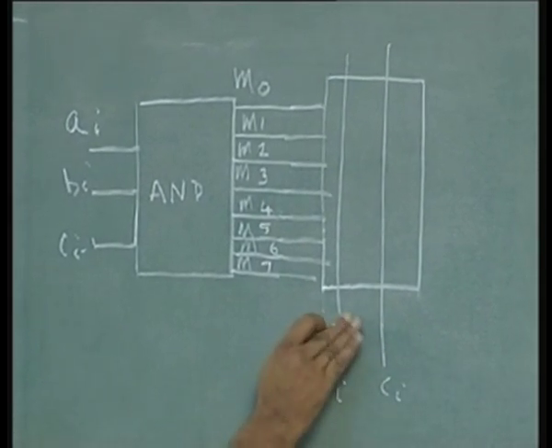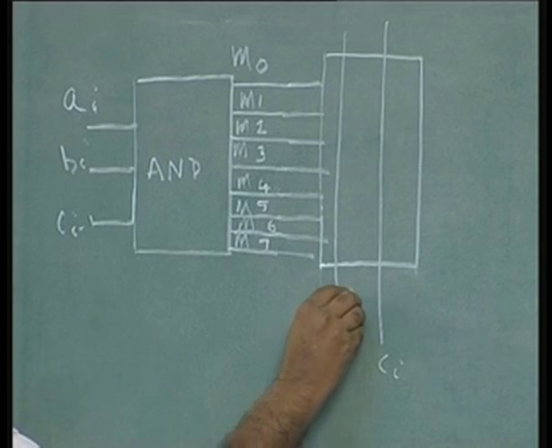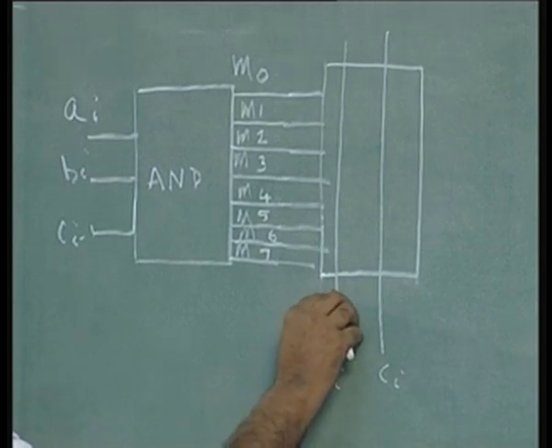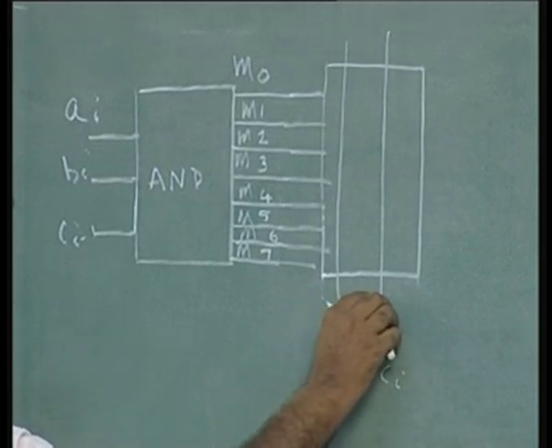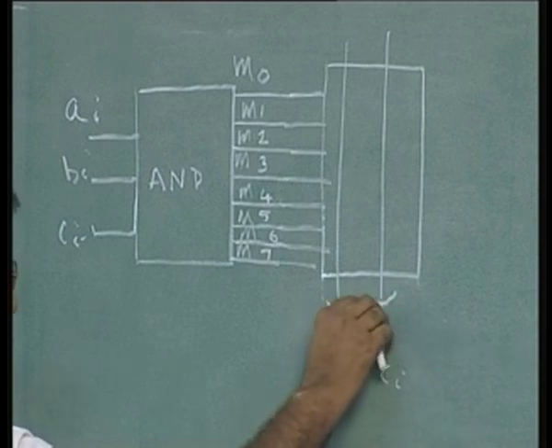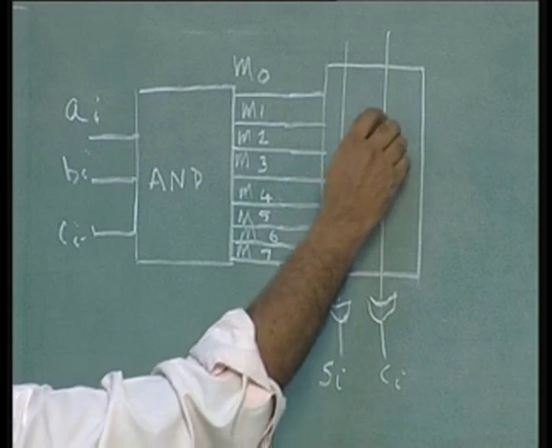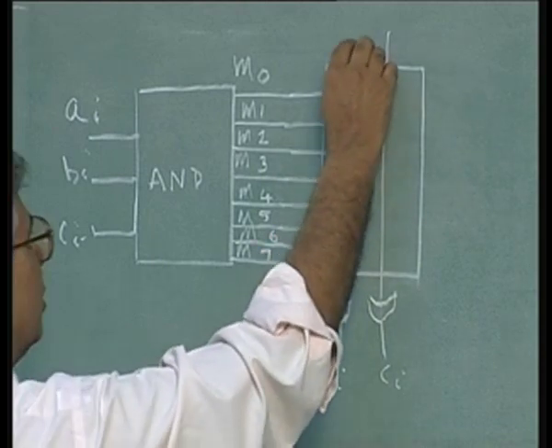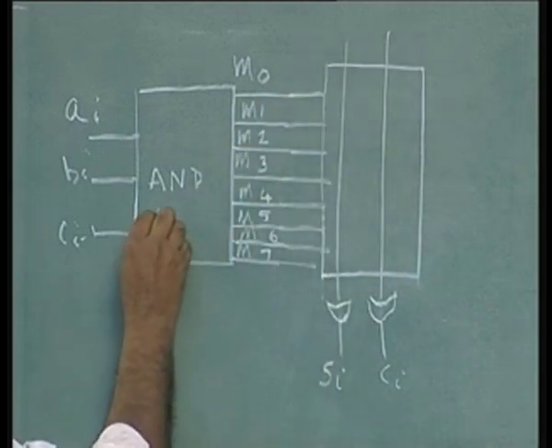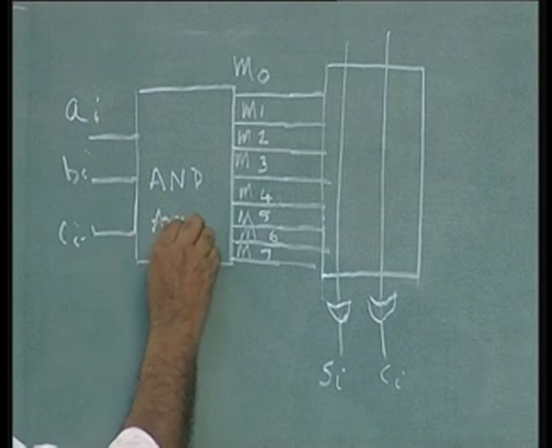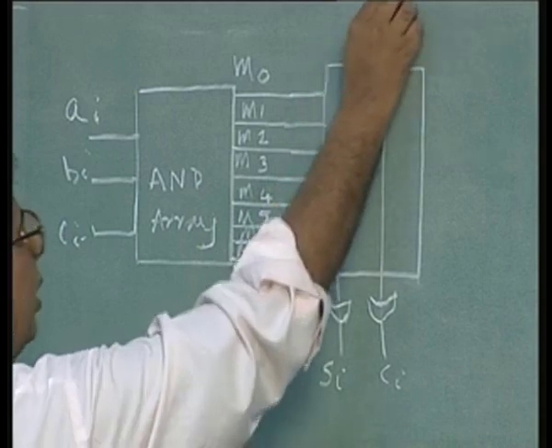Usually a symbol of OR is put here indicating the minterms are combined in an OR gate. This is only a symbolic representation. I am not showing the actual gate connections inside the AND gate and OR gate. So, this is an OR array, this is the AND array. I am not showing the AND gates, it is only a symbolic representation. This is an OR array.